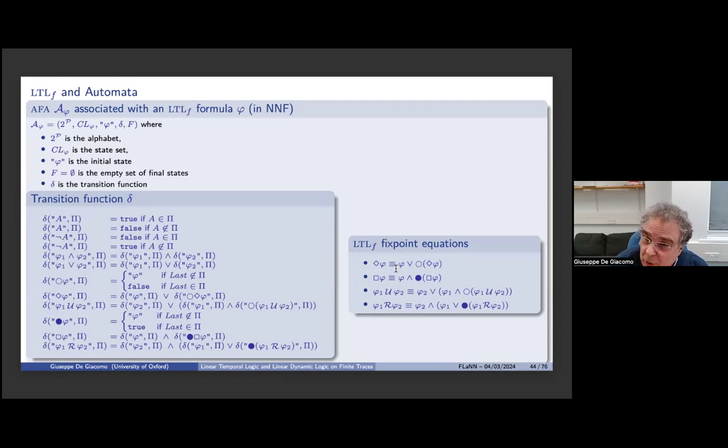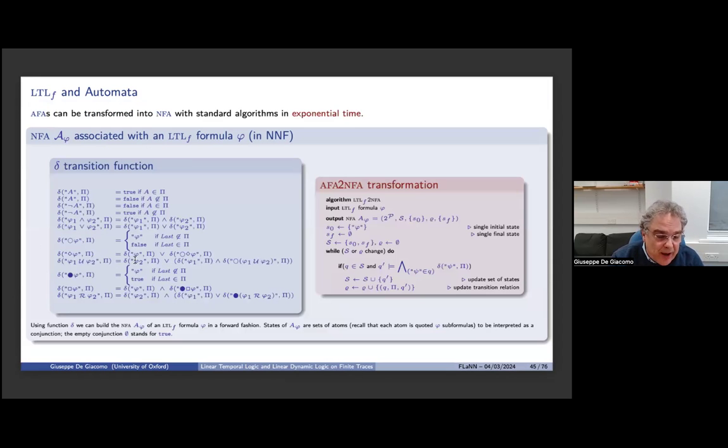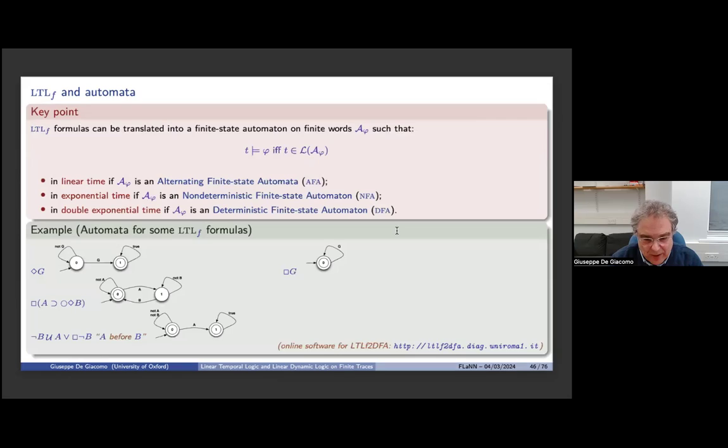Okay, so you see, you are recursing using this structure of the fixed point equation. Now, once you have this alternating automaton, with standard techniques, you can transform it into a non-deterministic automaton. And as I told you, for many formulas, it's actually very easy to get the corresponding automata.